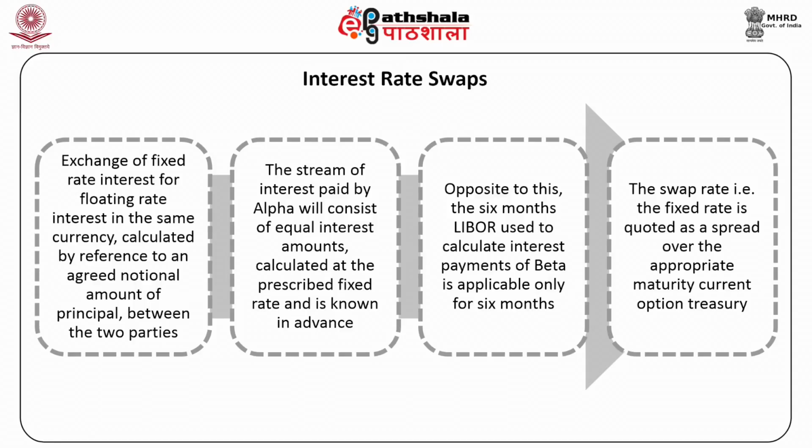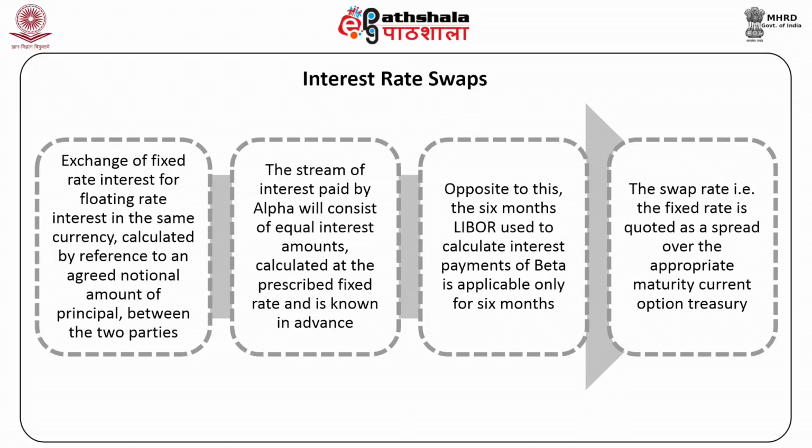The stream of interest paid by Alpha will consist of equal interest amounts calculated at the prescribed fixed rate and is known in advance. In contrast, the 6 months LIBOR used to calculate interest payments of Beta is applicable only for 6 months, as once in every 6 months the LIBOR rate is reset, there would be as many dissimilar payments.